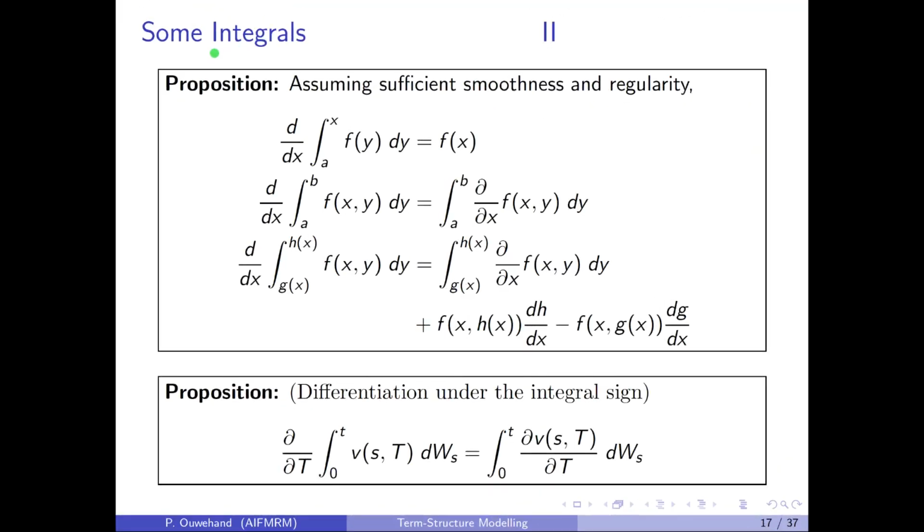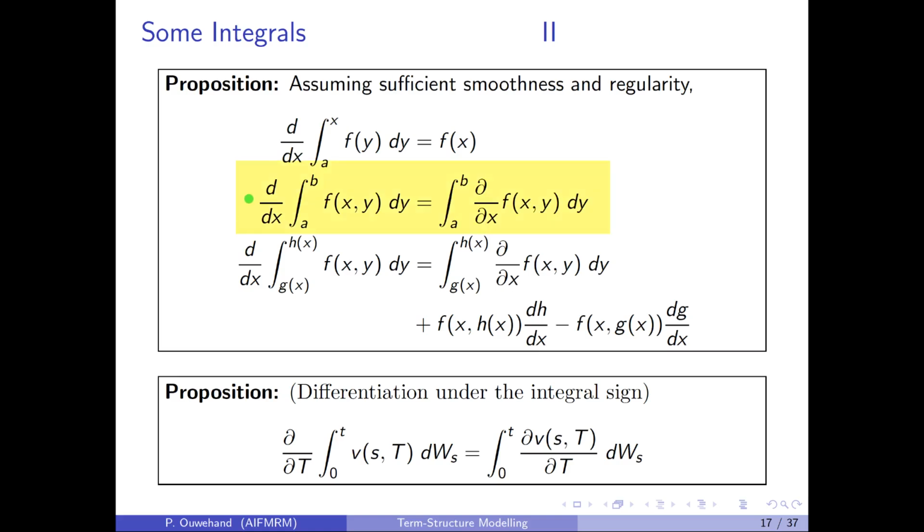We also need some results about differentiating integrals. In the first box, we just have derivatives of standard Lebesgue integrals, or Riemann integrals. The first theorem here is just one way of phrasing the ordinary fundamental theorem of calculus, and the second and third follow from it using the Fubini theorem and the chain rule, and these are left as exercises.